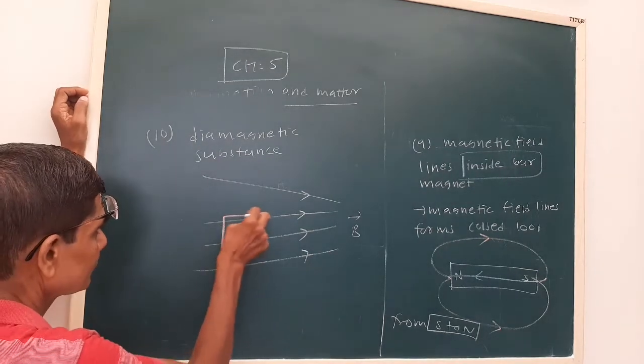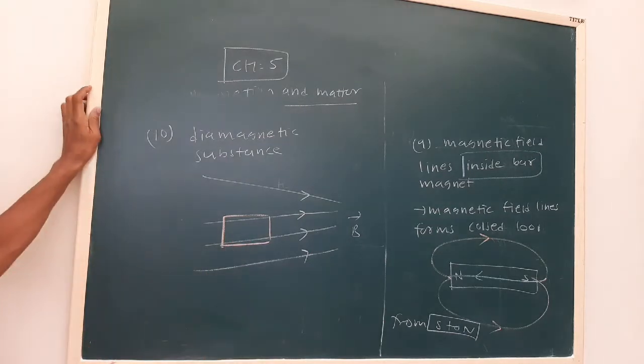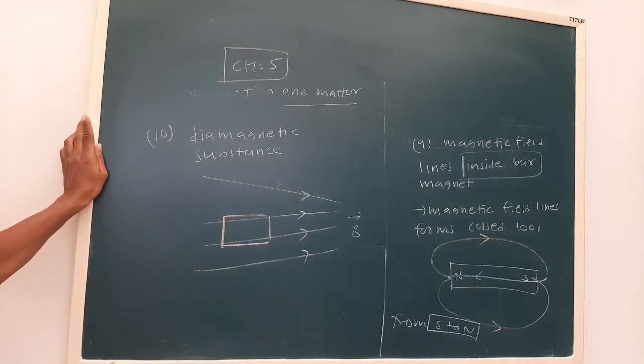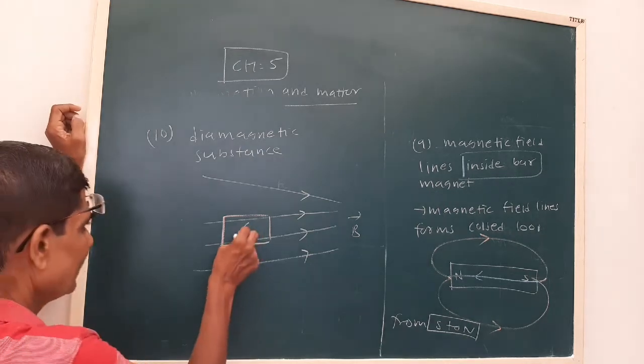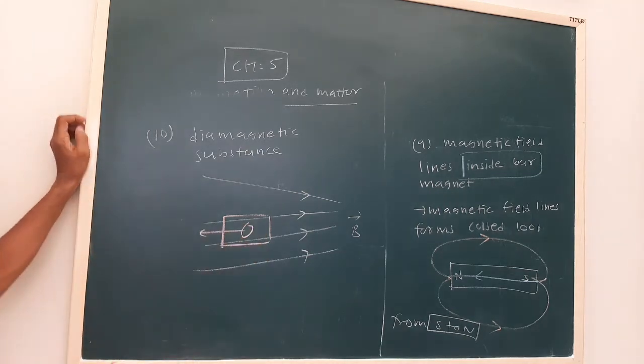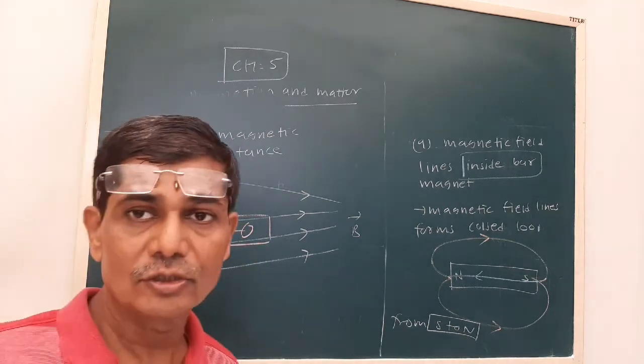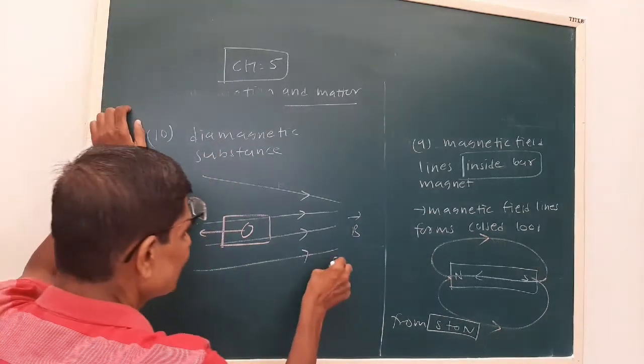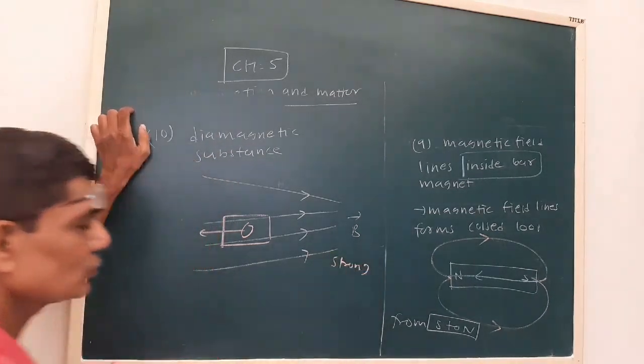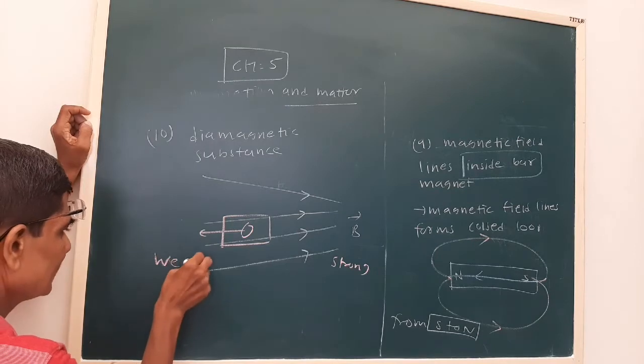So see, when a diamagnetic substance is placed in a non-uniform magnetic field, we have discussed in the theory part, the dipole moment will be induced in such a way that it will be in the opposite direction of the field. So here, the field lines are strong here, weak here.